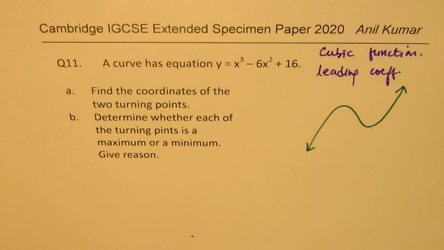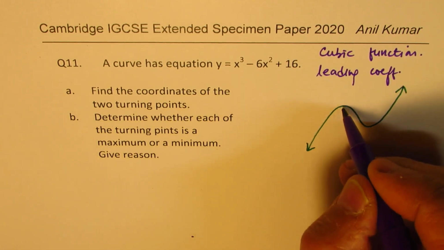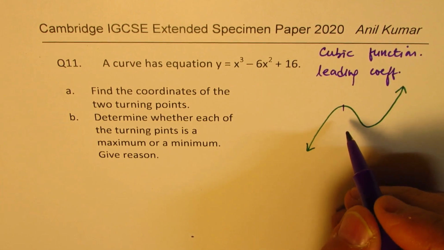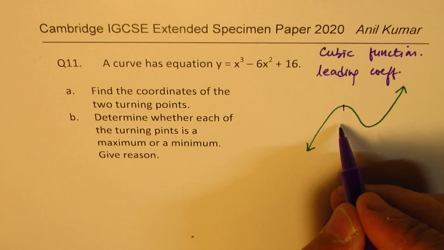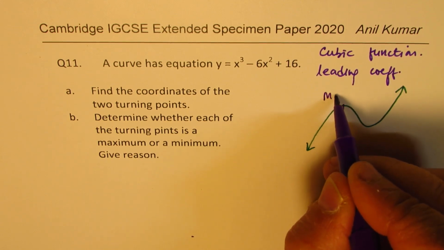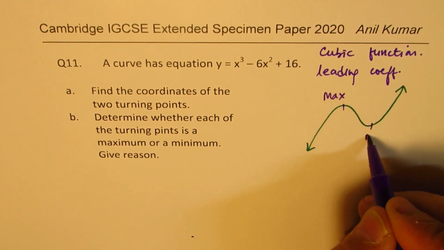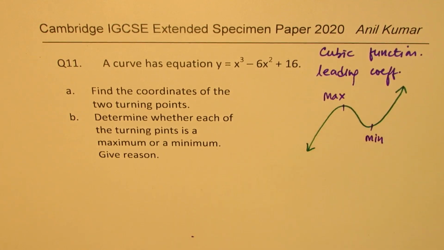Since the leading coefficient is positive, definitely the first turning point will lead to a maximum. So this is your maximum. And the second turning point will lead to a minimum. That is from our knowledge of functions.